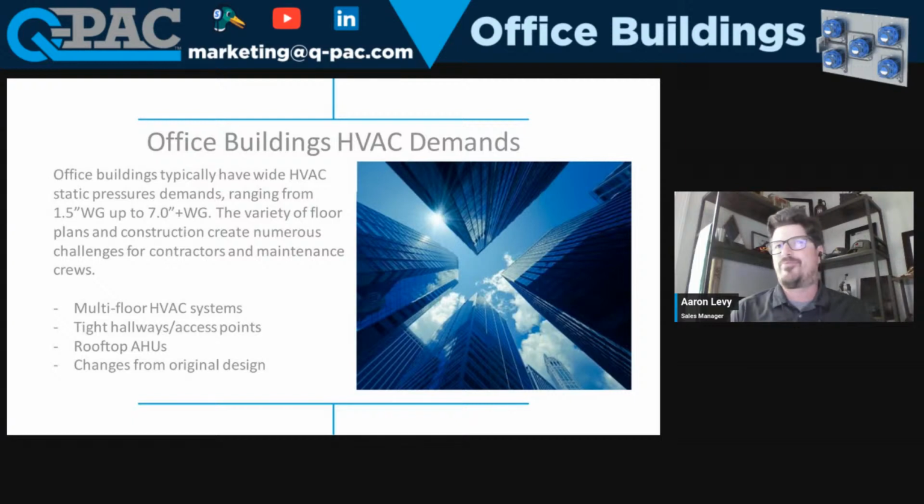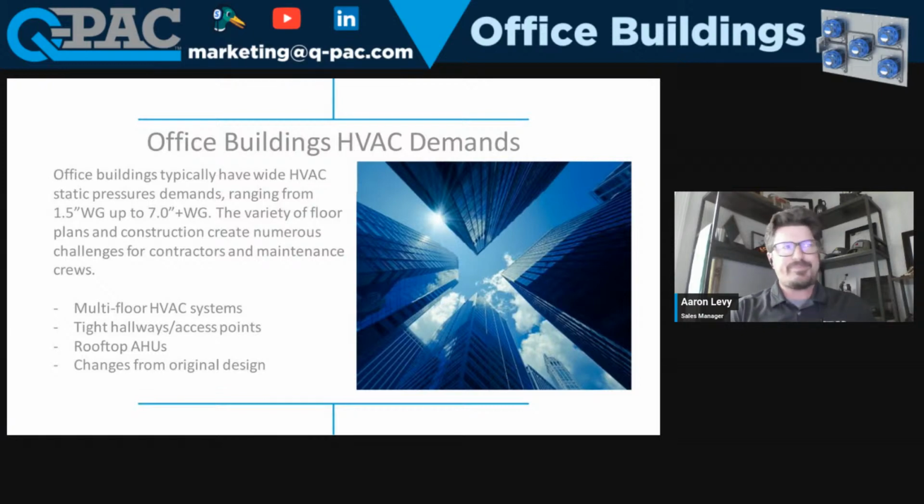A lot of challenges that we'll face are multi-floor HVAC systems where one unit controls anywhere from 2 floors to maybe 14. So you end up having these big blowers, tight hallways and access points, even rooftop air handlers. So sometimes you'll get them on the rooftops of these big, tall buildings. So if they wanted to replace that unit as a whole, they need cranes or something like that.